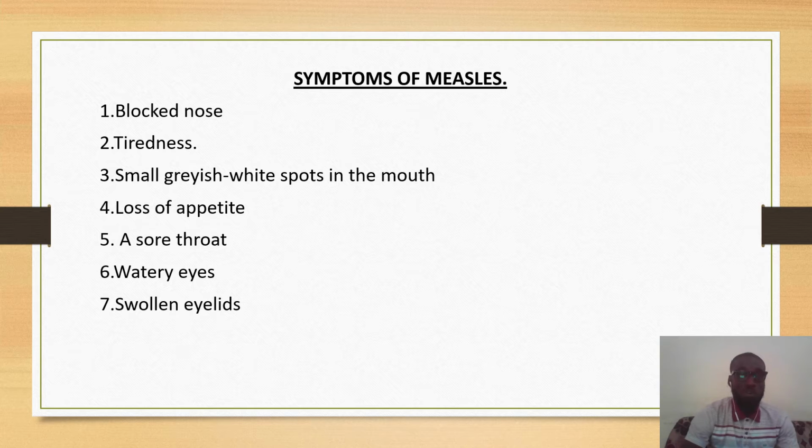We have small grayish white spots in the mouth. We have loss of appetite. We have sore throat. We have watery eyes. And then we have swollen eyelids. These are some of the signs that he or she may show.